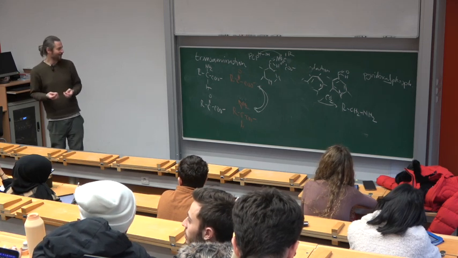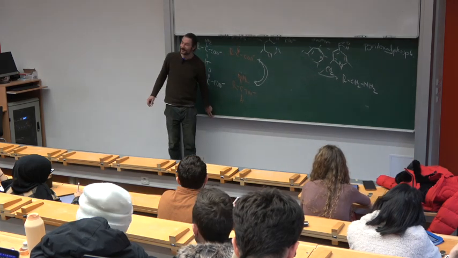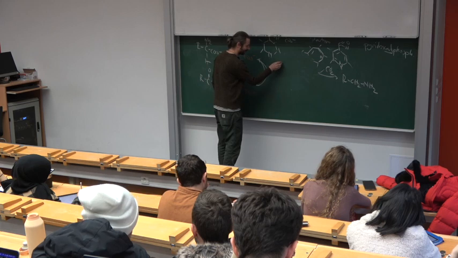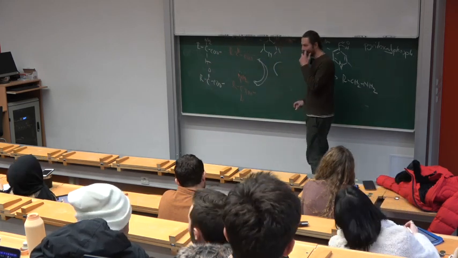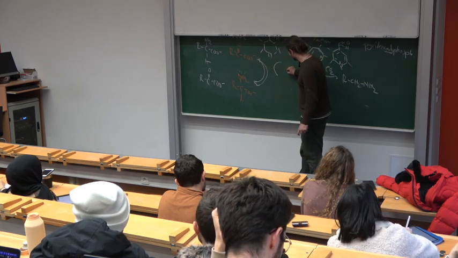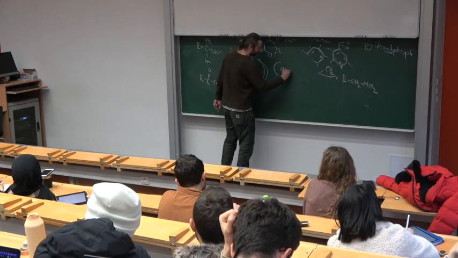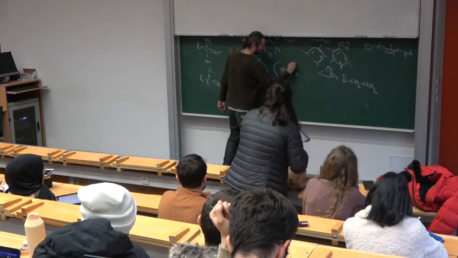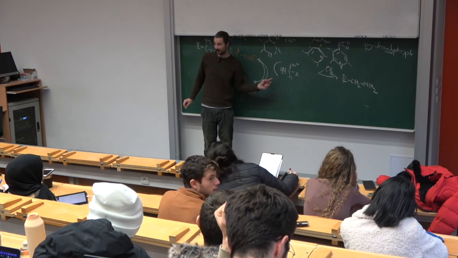Okay, well, let's do it in an even more simplified way. So, this is the active site of the enzyme, okay? I'll do it super simply. An amino acid comes in, okay?